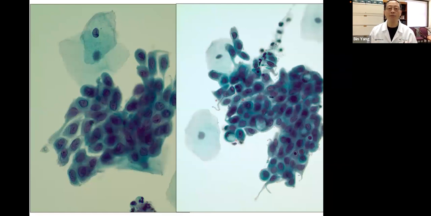And one of the differential diagnoses for HSIL, in almost every single case, is separating whether these are metaplastic cells or HSIL. There's tremendous overlap, especially when you deal with those angry, so-called atypical squamous metaplasia. To separate that, you really need experience. But I would say the nuclear feature is really key.